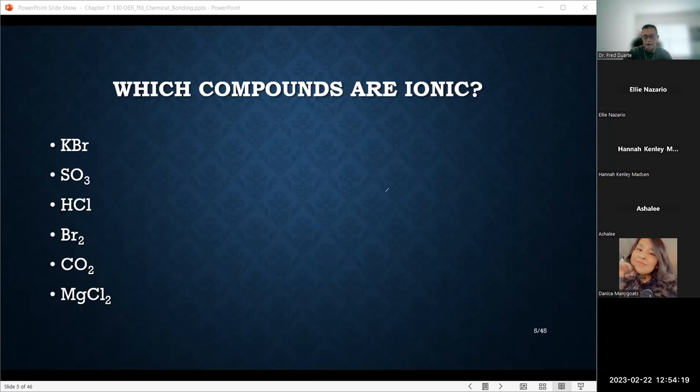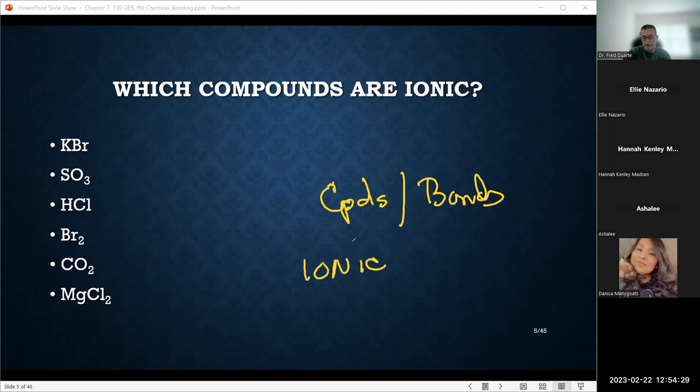So we have two types of compounds or bonds. The one is ionic, and the other type is called covalent. Now remember how we determine, by definition, what constitutes an ionic bond or compound? Which two types of elements have to come together? Remember?